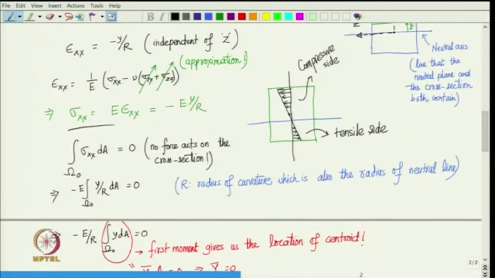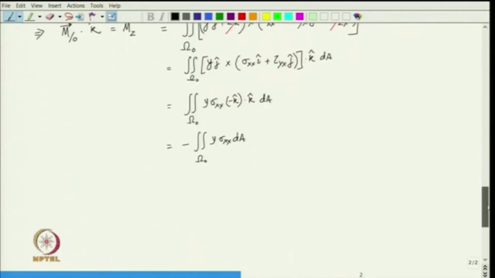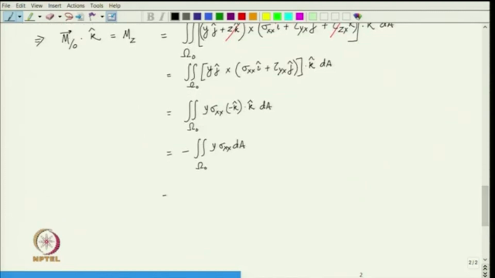So, look at this formula. When we plug it back into the final equation that we have, the minus minus cancel each other and we get the integration over omega naught of E by r into y square dA.